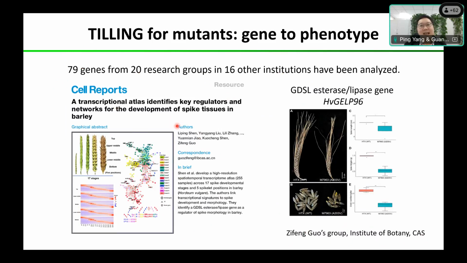They identified the GELP96 gene. This gene regulates spike fertility, and they also identified mutants which validate the gene function. In the near future, there will be more and more studies published with this HTX mutagenesis population.